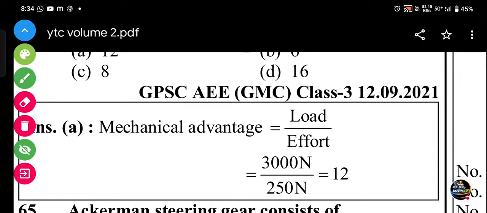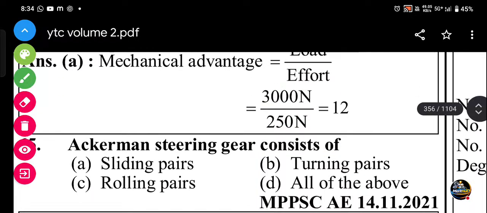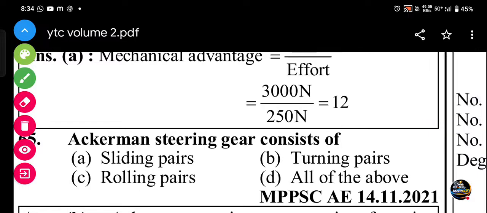Okay, sorry, my calculation was wrong. 12 is the answer. My mistake was in the calculation.